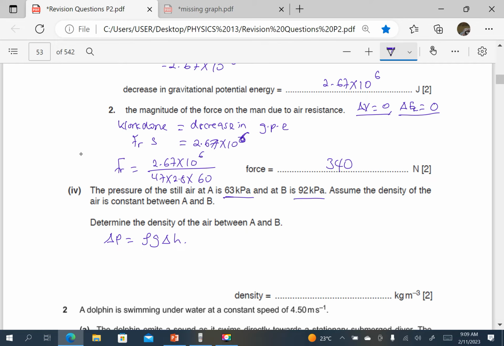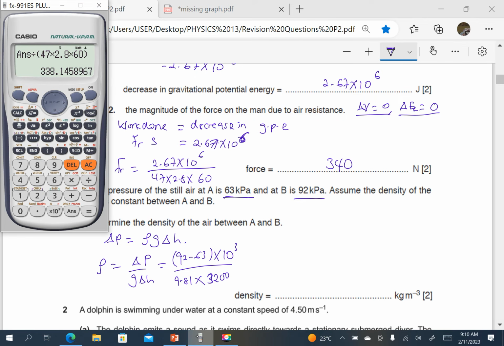We want the density. So the density is going to be the difference in pressure divided by g times the difference in height h. The difference in pressure is 92 minus 63, it is kilo, so that is times 10 power 3, divided by g, which is 9.81, times the change in height, which was 3,200.